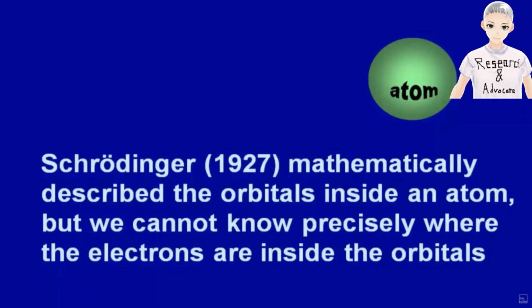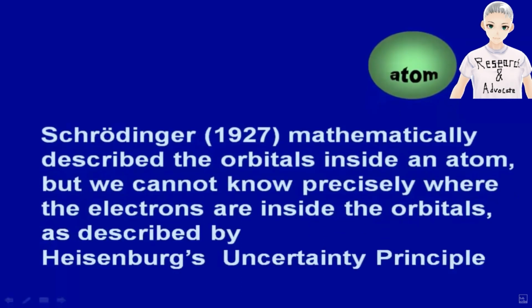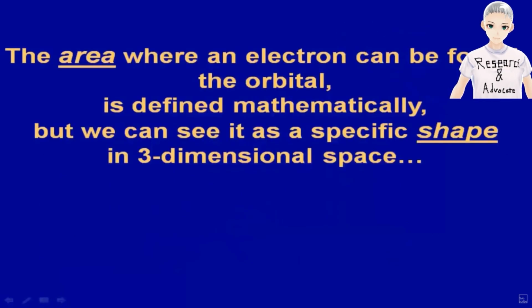But we cannot know precisely where the electrons are inside the orbitals. And again, that comes from Heisenberg's uncertainty principle. So the area where the electron can be found, the orbital, as we just said, is defined mathematically. But we can see it as a specific shape in three-dimensional space.